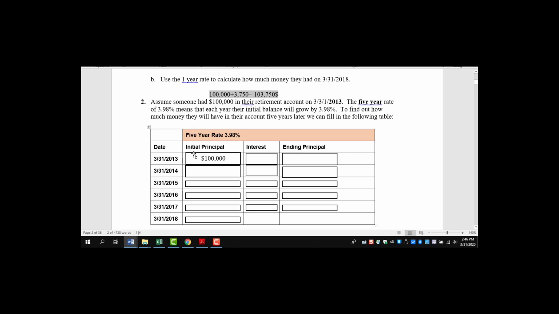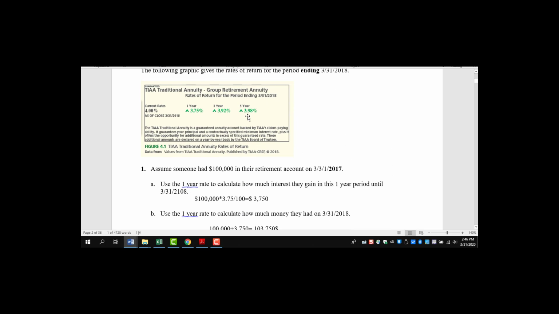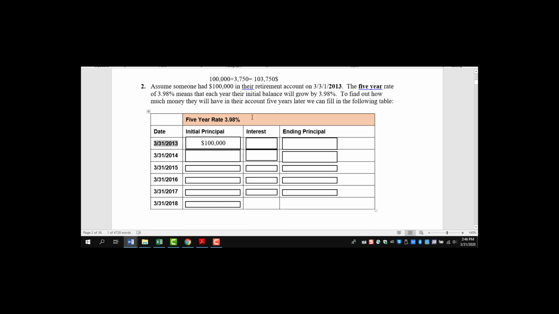So we're going to assume somebody starting out with $100,000, and we're going to do the 5-year rate, which is up here. The 5-year rate is 3.98%.